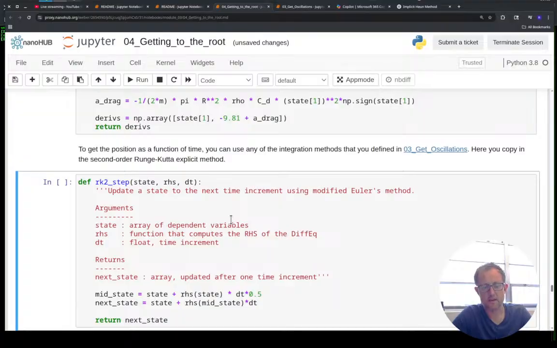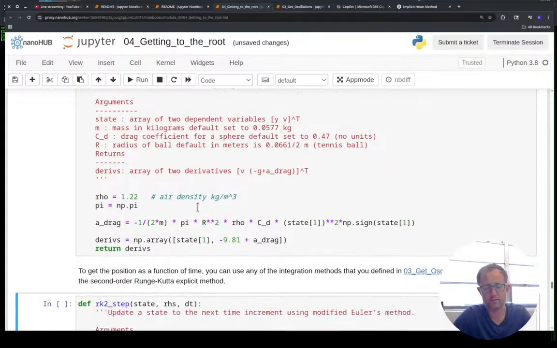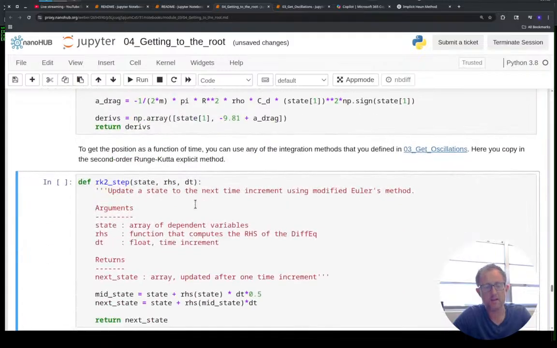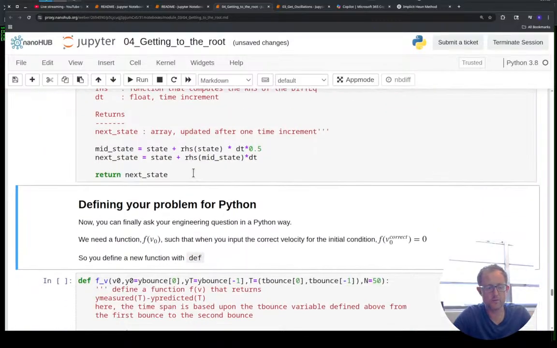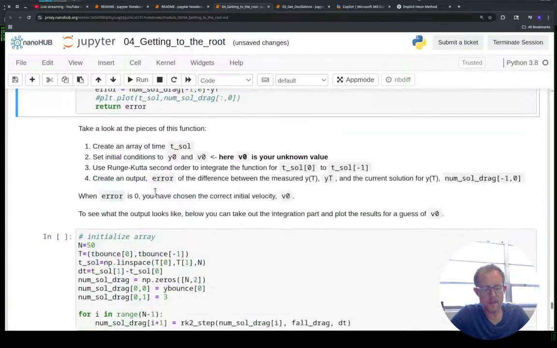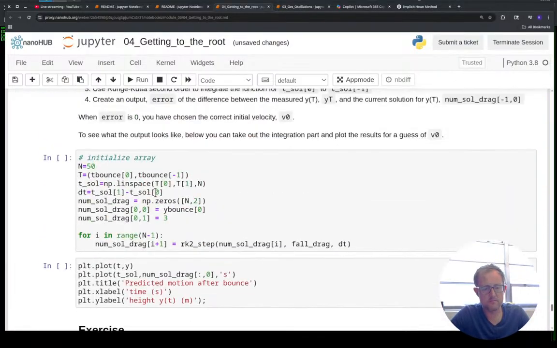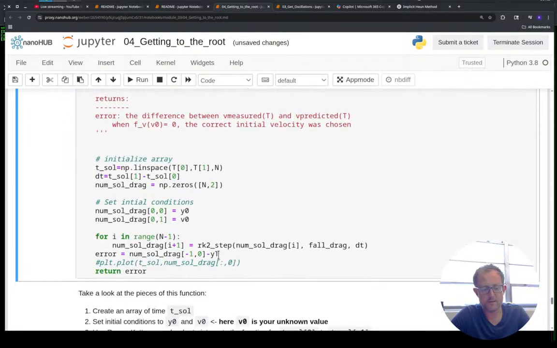So in this case, we have the same drag equation, like falling with drag. We'll use this Runge-Kutta 2 method. And now FV. So let's take this stuff out of FV so we can take a look at it.